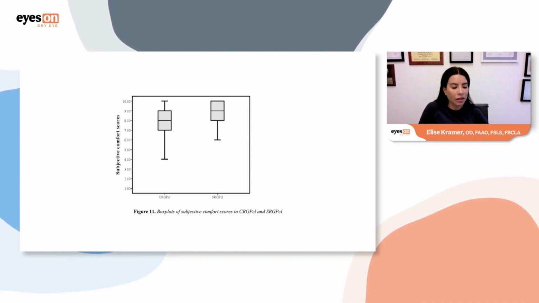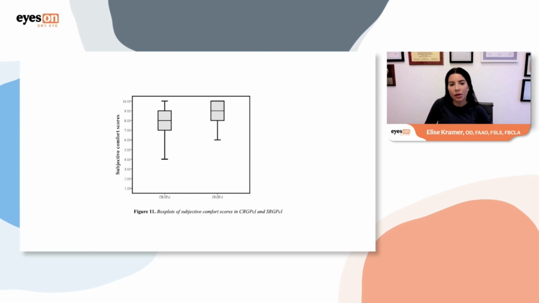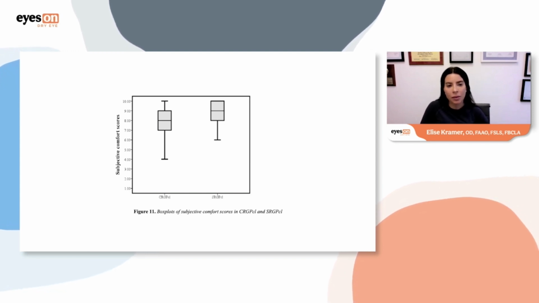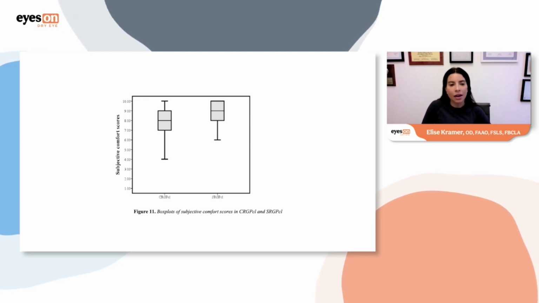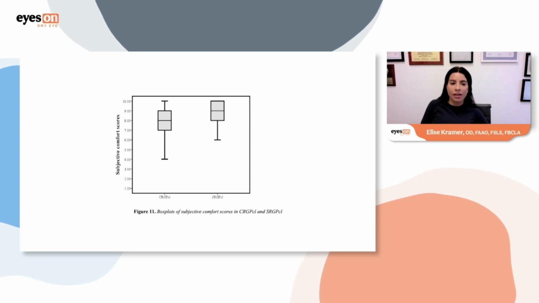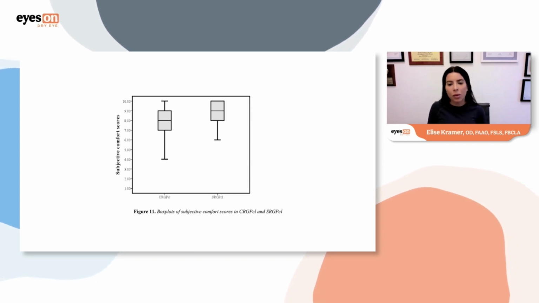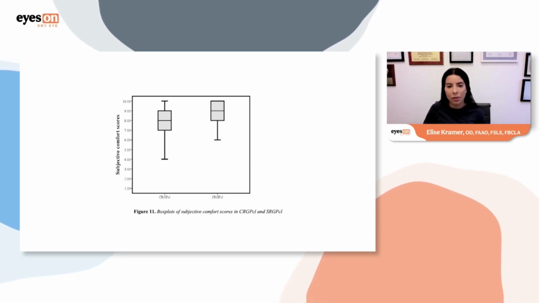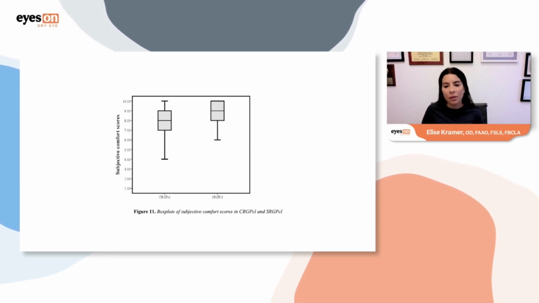This was a head-to-head study comparing the comfort with corneal rigid gas permeable lenses versus large diameter scleral lenses, and again showing that subjective comfort scores were significantly superior for scleral lenses, which means that scleral lenses can actually be more comfortable than rigid gas permeable lenses, which is why they're key for patients who have very symptomatic ocular surface disease.